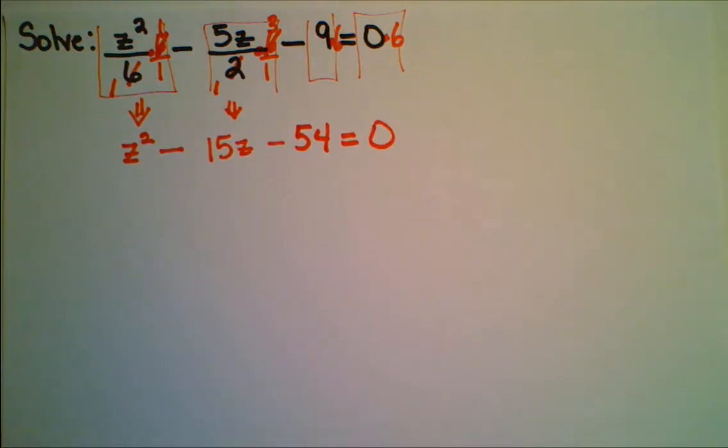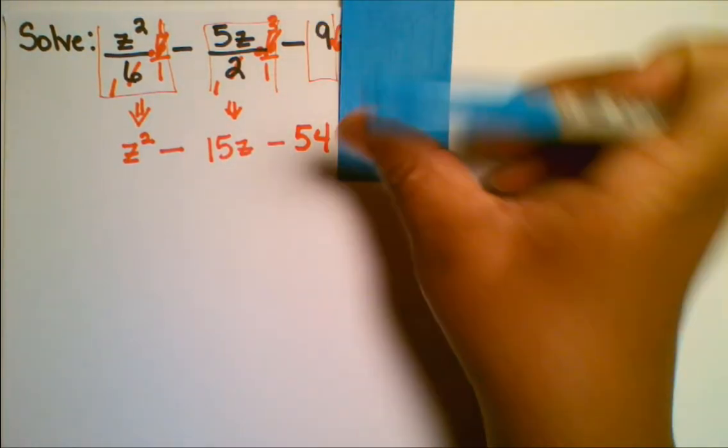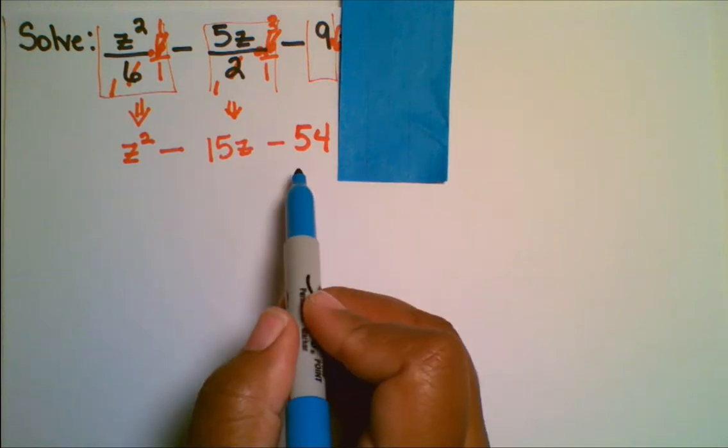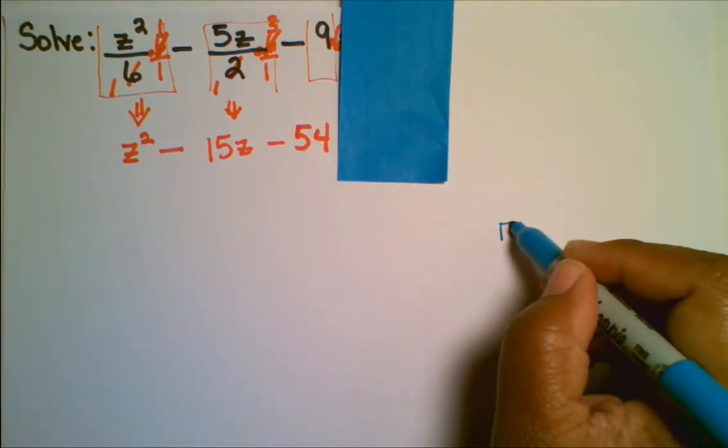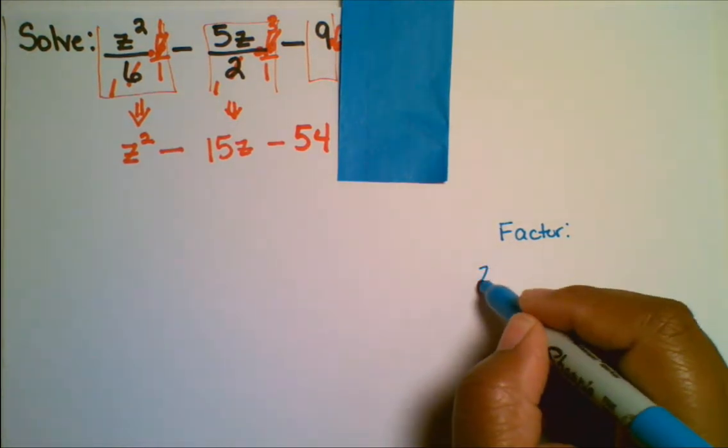Now, we're solving this equation by factoring. This is a quadratic equation. So let's take the z squared minus 15z minus 54 and factor. There is no GCF.